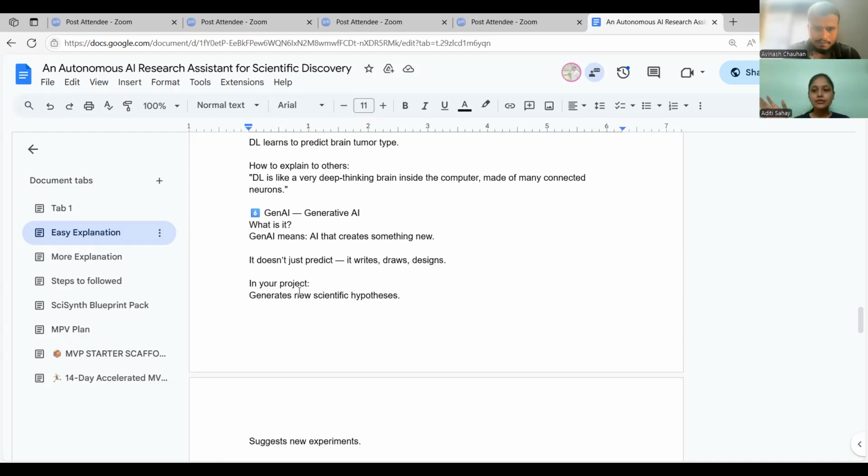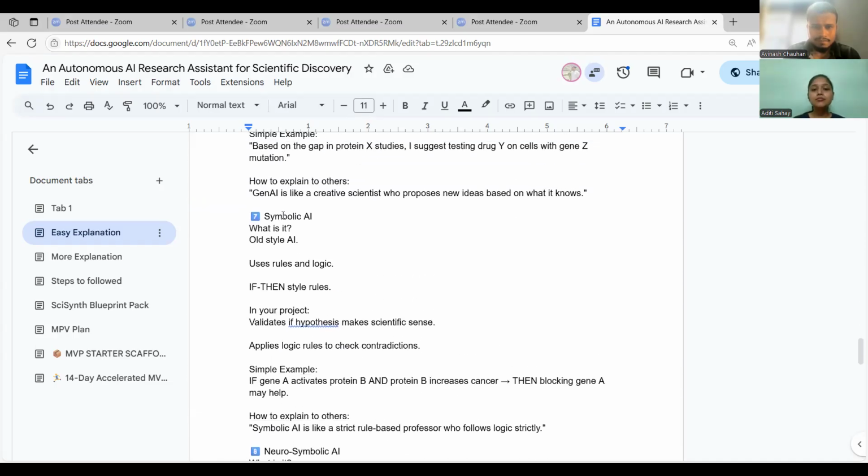Let's take an example of Dall-E Mini. Dall-E Mini is a library of Python. It is a type of generative AI that will help you to generate images. For example, if you write, generate a scenery for me, that AI would generate a scenery for you. So it is not predicting something, but it is creating something.